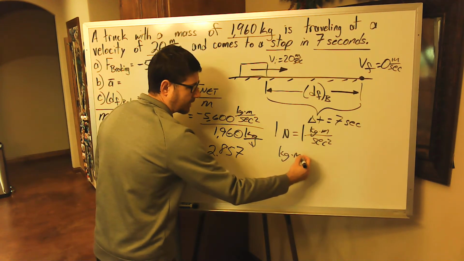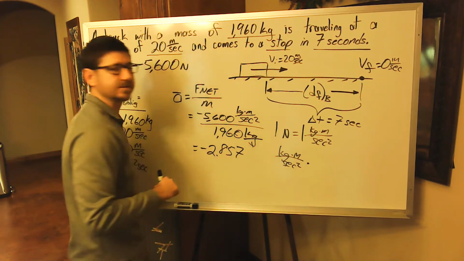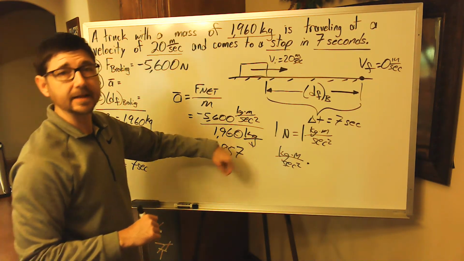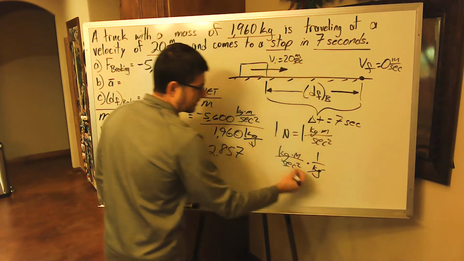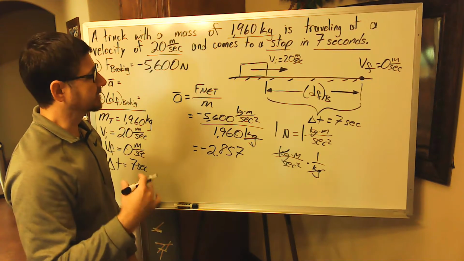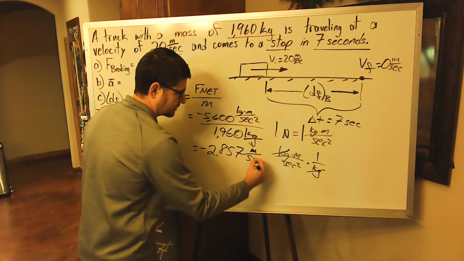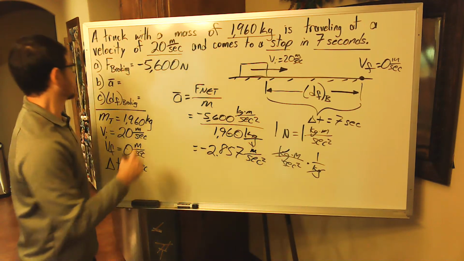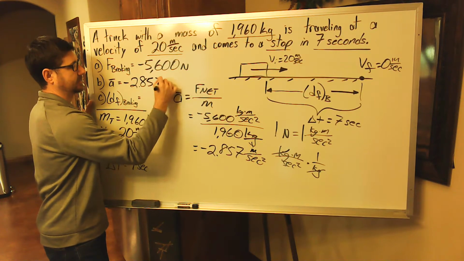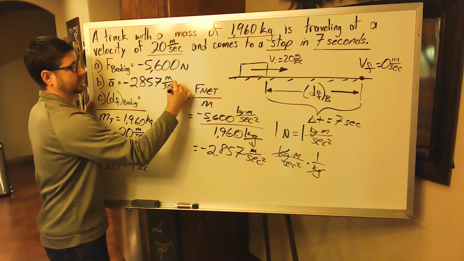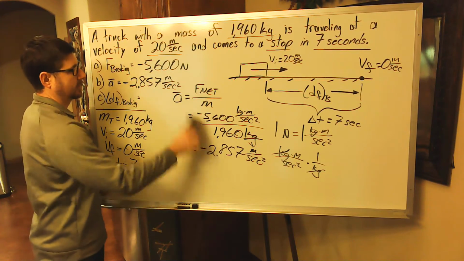So I have kilogram meters per second squared times 1 over kilogram. The kilograms will cancel, leaving us with units of meters per second squared. So our answer is negative 2.857 meters per second squared. Okay?